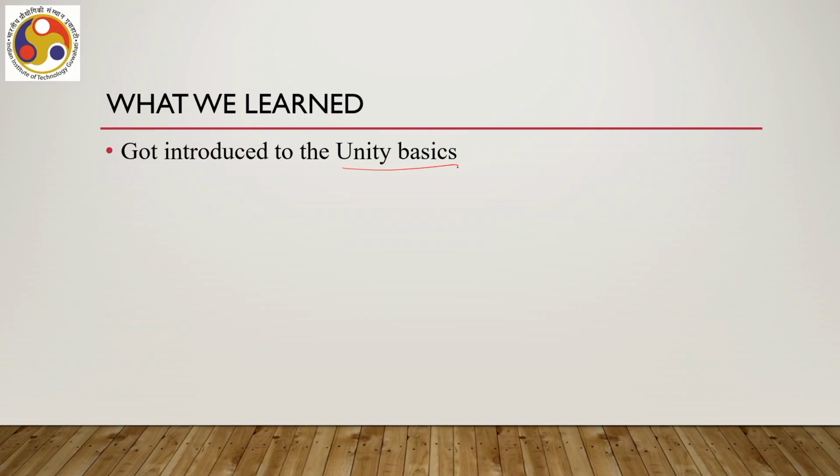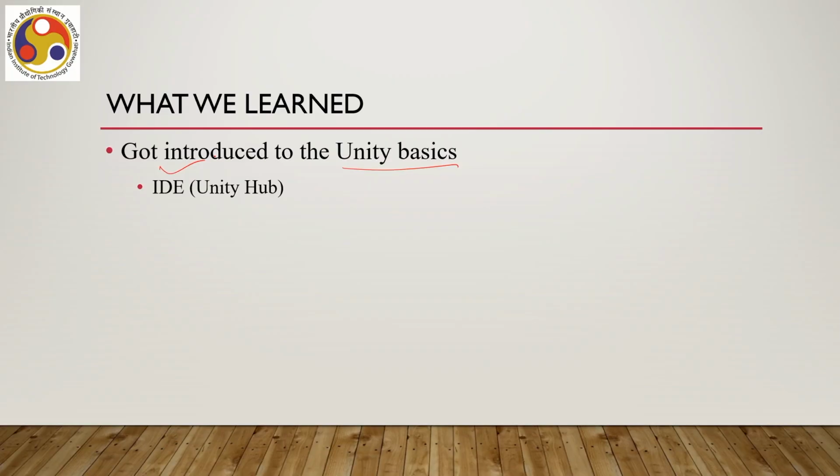So, let us summarize what we have covered so far. We got introduced to the basic idea of Unity, where when we use the term Unity, we are referring to both the game engine, which is a middleware, and the editor interface, which allows the developer to create a system.